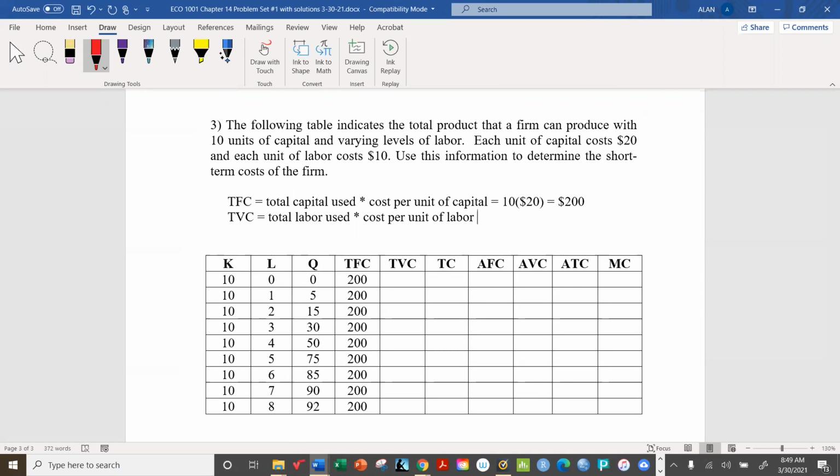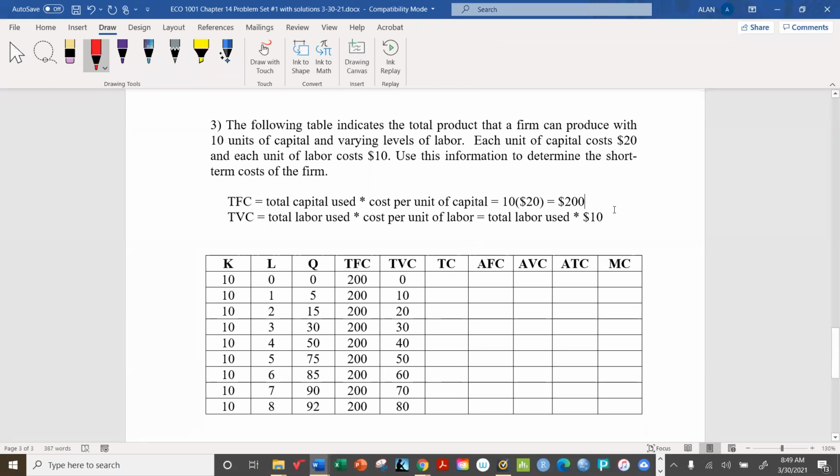Okay, so we could just write this as total labor used times $10, which means here we'll have 0. Okay, and then at the next level, we'll have 10 because each unit of labor costs $10. So in other words, this will just keep going up by $10 each time L goes up. Okay, so those are easy.